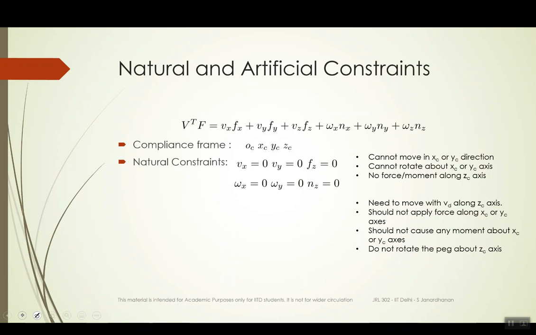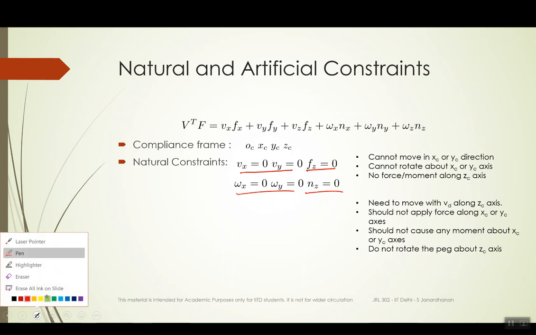That gives you 6 natural constraints, from the lack of linear or angular velocity, and from the lack of force along the zc axis or moment about the zc axis. So those are the natural constraints that you have.